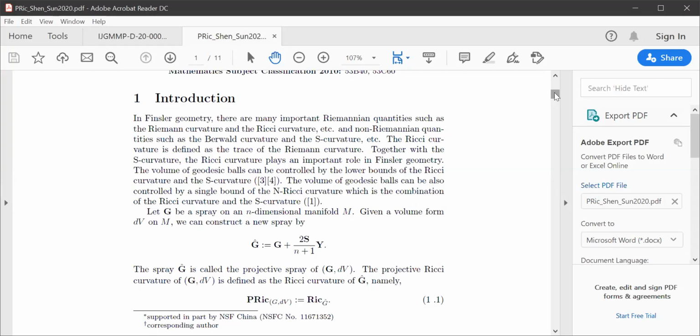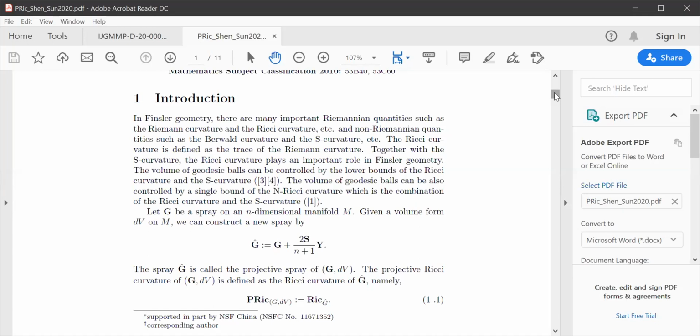Then you can modify the spray, the spray induced by the Finsler metric. If you always choose the volume form associated with the Finsler metric, then you will lose the projective invariant properties. I will explain later.